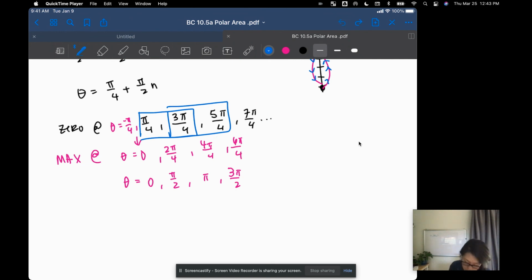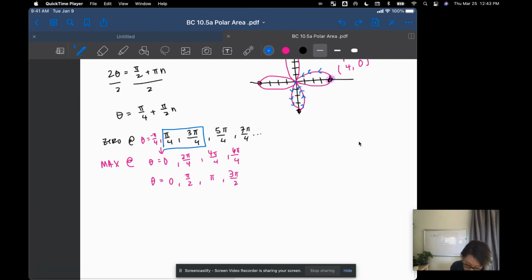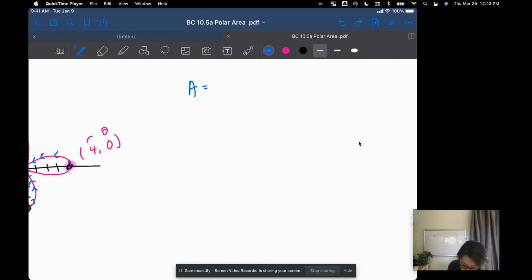I'm going to choose the first 2. So I have 1/2 the integral from pi over 4 to 3 pi over 4 of r, which is 4 times the cosine of 2 theta, squared d theta. I'm going to type this into my calculator.